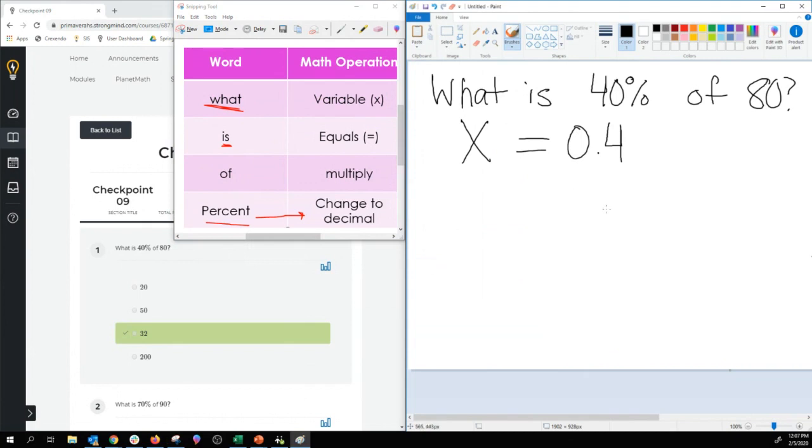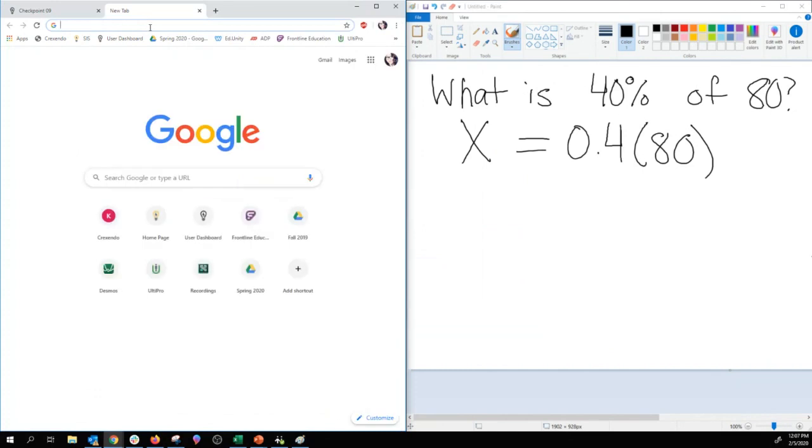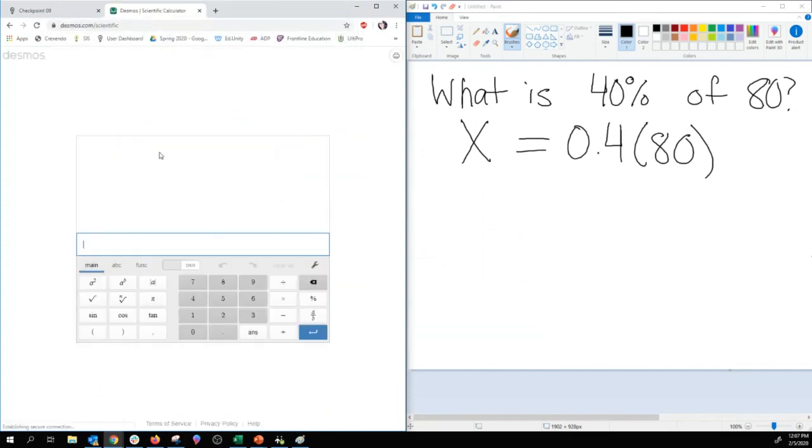And then my next word is of. Of in my problem tells me to do what math operation? Multiply. So I'm going to multiply this by 80. For this first problem, all we are doing is taking 0.4 and multiplying it by 80, which gives me 32.